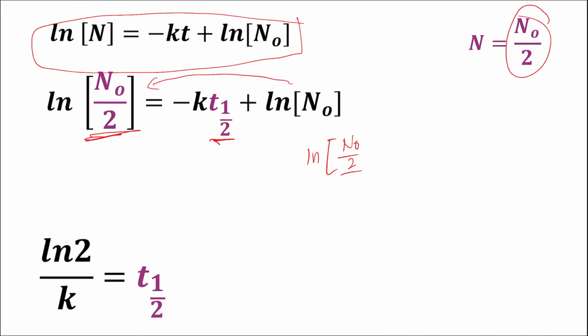Dahil ang mangyayari dyan is ln N0 over 2 minus ln N0 dahil magbago sign ng term na to. And then, applying the properties of natural logarithm, so magiging parang division sila. So, we can cancel this and then equals negative k t1 half.